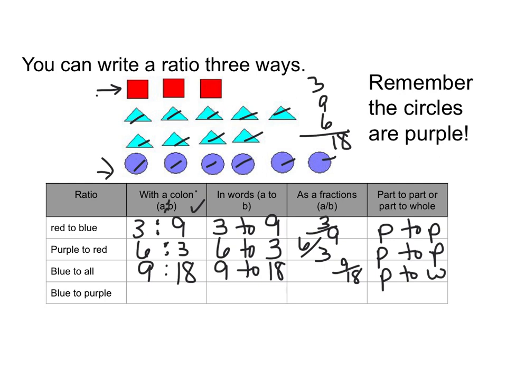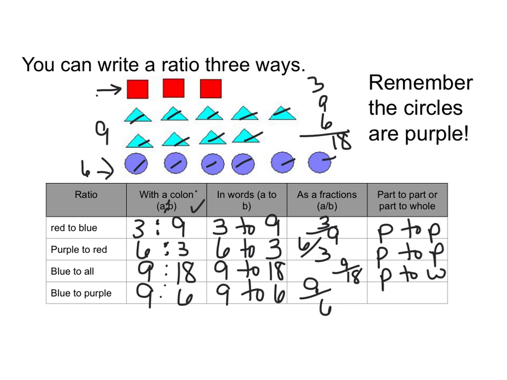Let's do the last one. The last one has blue to purple. There were 9 blue and 6 purple, so 9 to 6. If you notice, I am reading the ratio the way we usually read it.